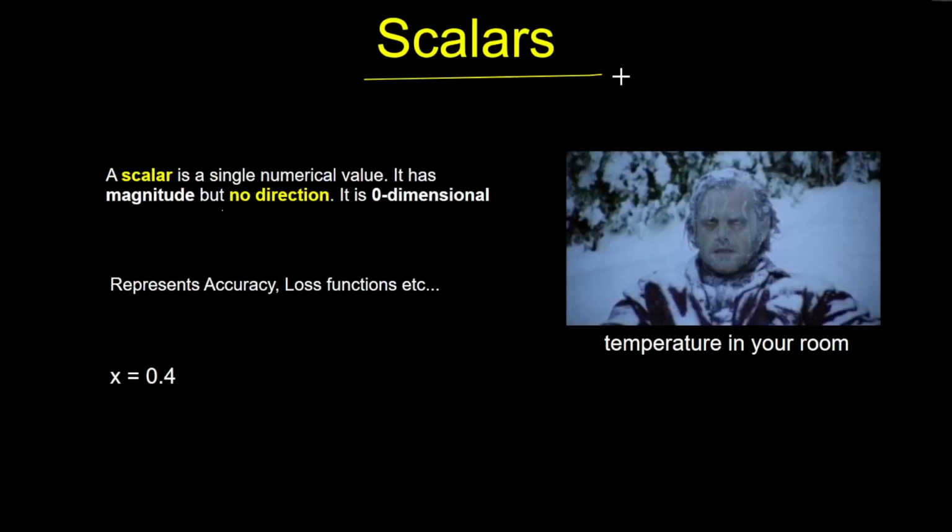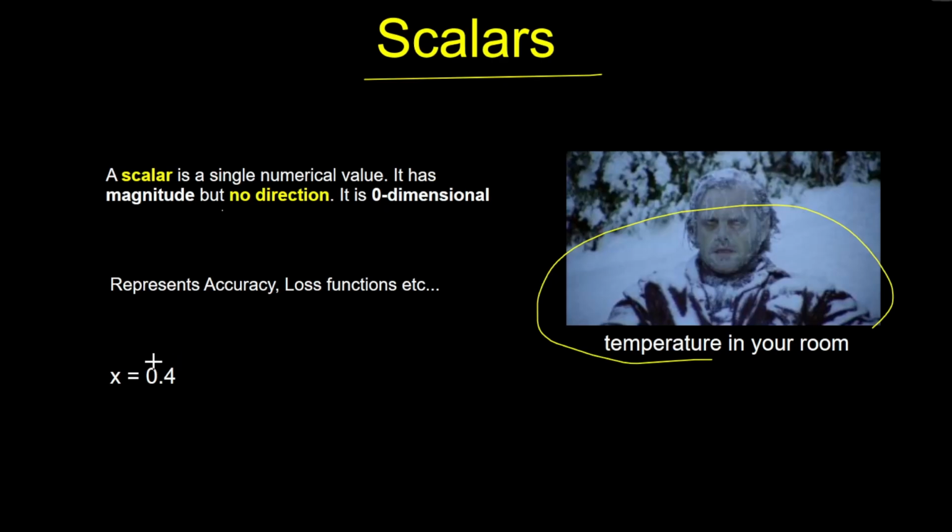Let's see what scalars are. Scalars are nothing but a single numerical value. It has magnitude, which is a value, but no direction. So let's take the example of temperature in your room. Let's say it's cold, like 17 degrees Celsius, but you don't care about the direction of heat or temperature, it's just a value. So that's what scalars are.